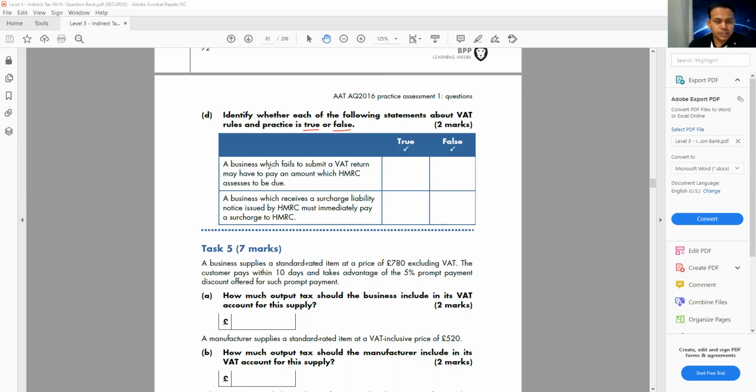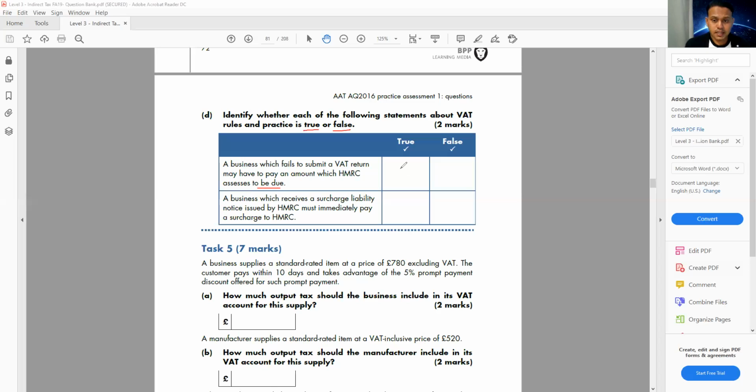A business which failed to submit a VAT return may have to pay an amount which HMRC assessed to be due. If you fail to submit your return, HMRC can charge you based on their assessment. They can decide how much you have to pay. Is it true or false? The answer is true, isn't it?